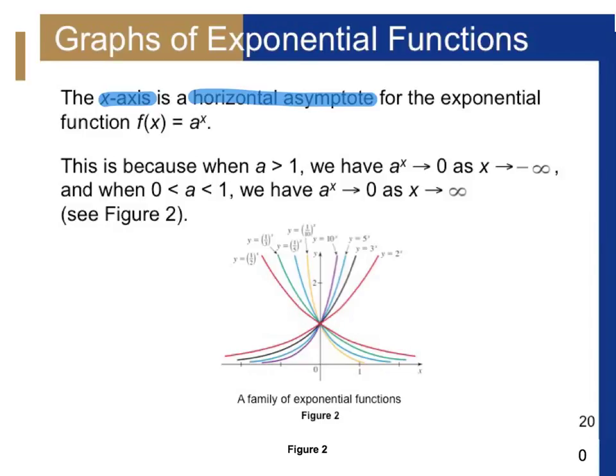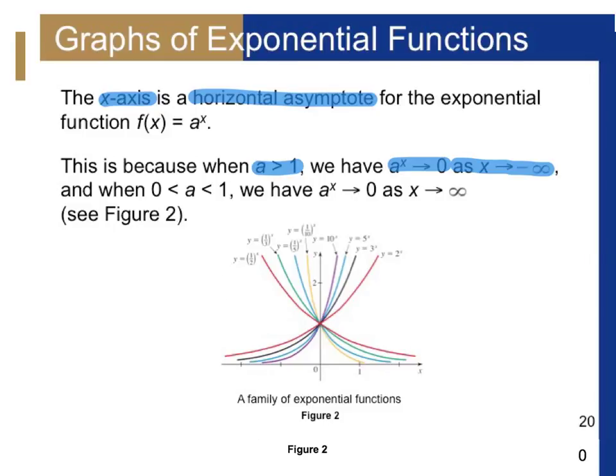That's because when a is greater than 1, a to the x approaches 0 as x approaches minus infinity, and that's happening over here. We're looking at the ones with 2, 3, 5, and 10 as our base. As x approaches minus infinity, going to the left, what happens? A to the x, our y, approaches 0. See, it's going down to 0.